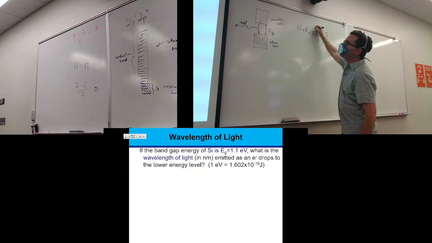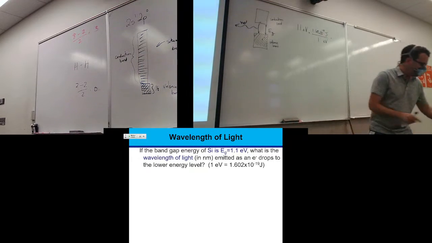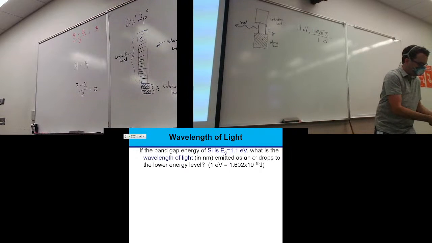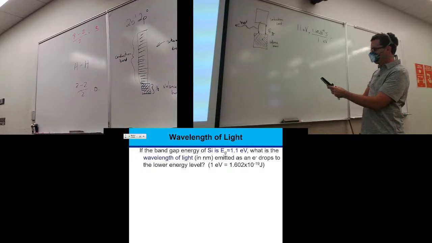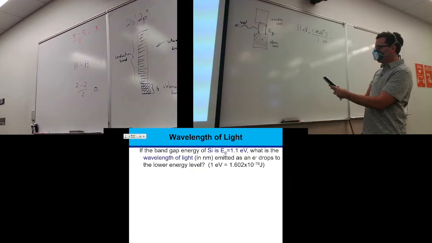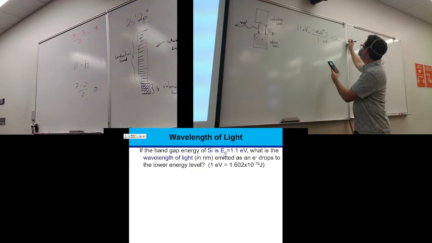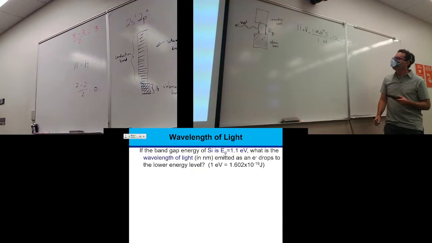And 1 electron volt is 1.602 times 10 to the minus 19 joules. 1.1 times 1.602e-19 is 1.76 times 10 to the minus 19 joules. It should be 2 sig figs, but I'll just keep it at 3 for now.